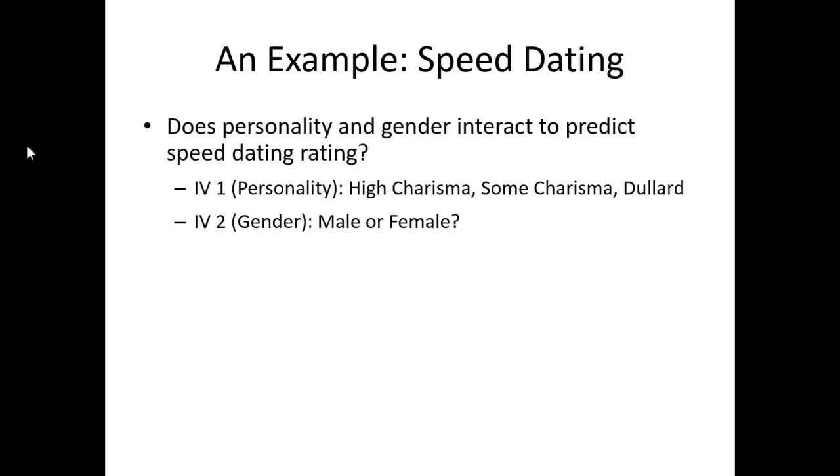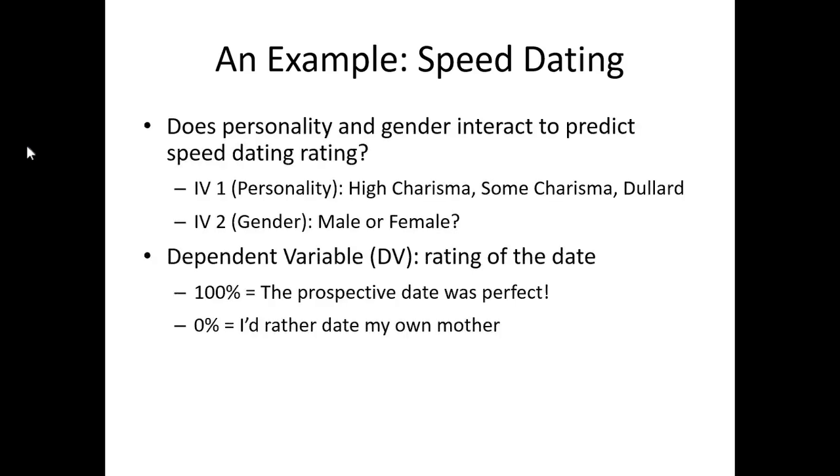So, appropriate for today. Today really should have been the Halloween one, but we're going to do if personality, so charisma level, which is listed in the data set as none, medium, and high, but from the book it's dull, some, and high charisma people. The gender of the participant, predicting kind of speed dating.